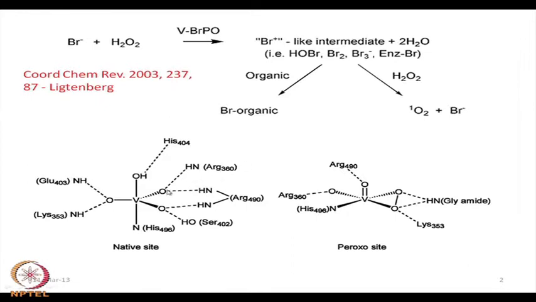And in this particular case, these two oxygens on the right hand side would be stabilized by bifurcated hydrogen bonding interactions, the NHO and NHO bifurcated hydrogen bonding interactions, because simultaneously this oxygen is functioning with two hydrogen bond donors, which come from arginine 360 and arginine 490, and this NH can show interaction with this, and the other end can also show interaction with this.